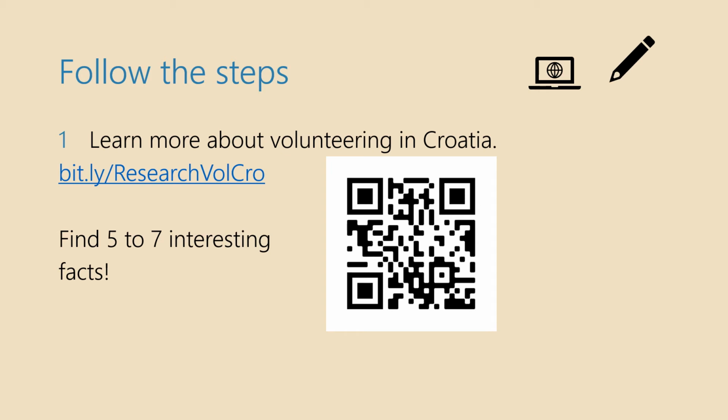You can find most of these interesting facts about your town, your city, or the area you live in. So try to focus on those data because these are of your own personal interest. Write down these 5 to 7 interesting facts into your notebook and then move on to step number 2.